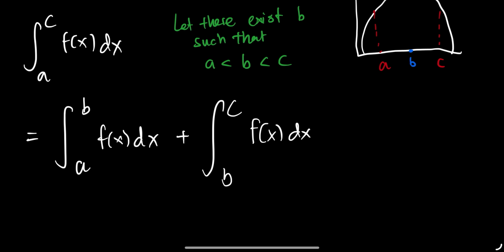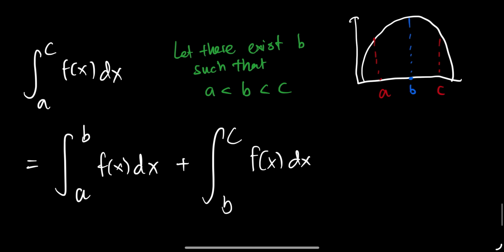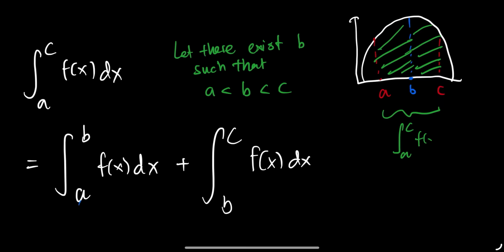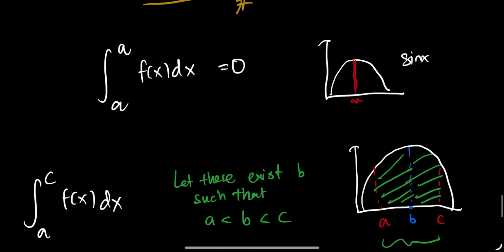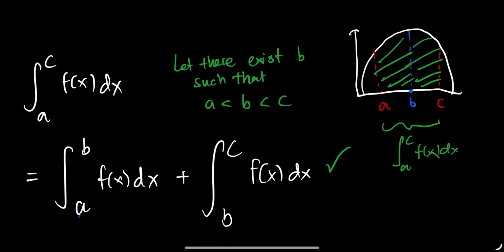I mean, theoretically, if we were to split this graph at b, from the bounds a to b is just this, and from the bounds b to c is, well, this, and this adds up as the integral of a to c of f(x) dx. So this is correct. So these are two other tiny formulas, but they are quite intuitive and can be derived on the spot.